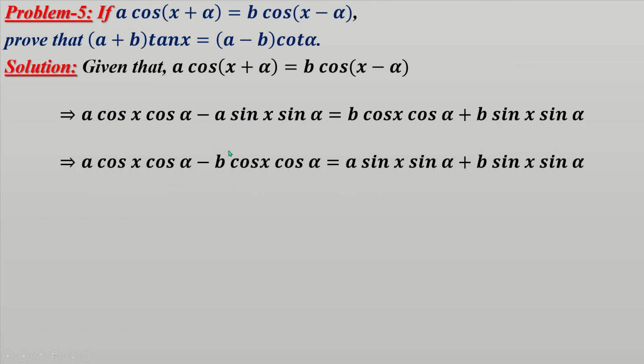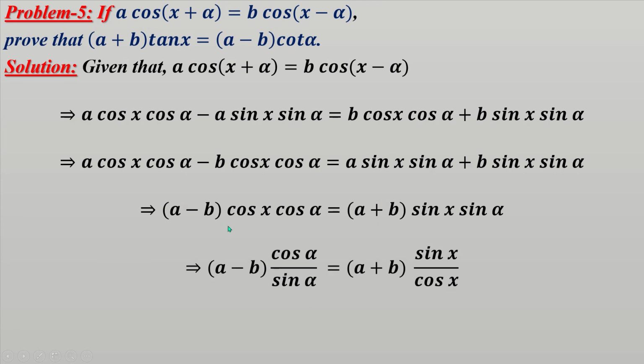Now b cos x cos alpha, convert to the left side, and this converts to the right side. On the right side, taking sin x sin alpha common, here will be a plus b, and on the left side, taking cos x cos alpha common, here will be a minus b.